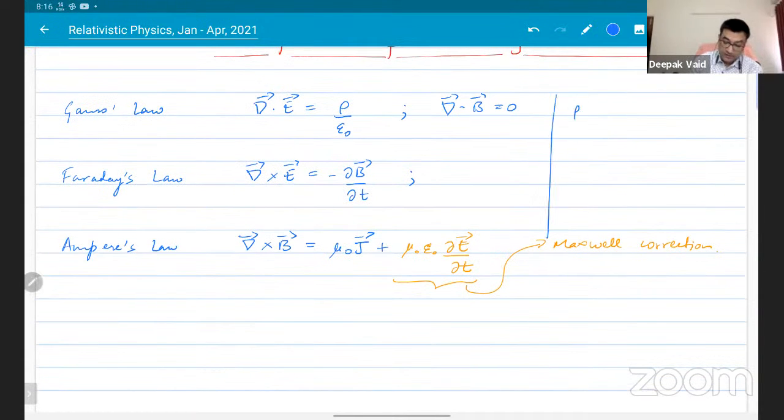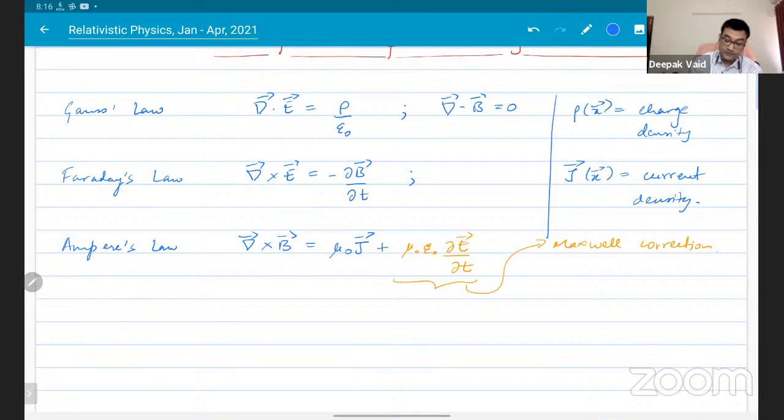And just to label some of the quantities, rho of x is the charge density, and J of x is the electric current density.